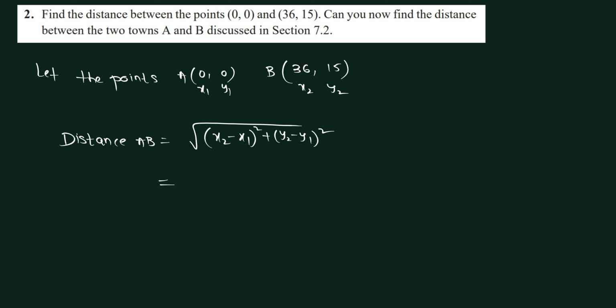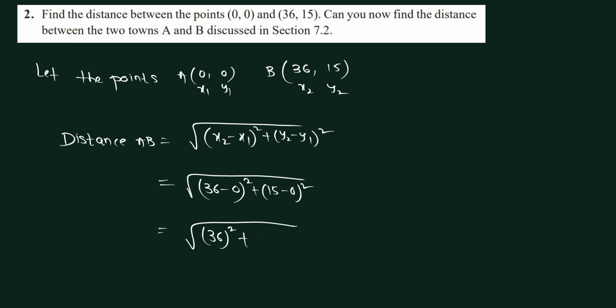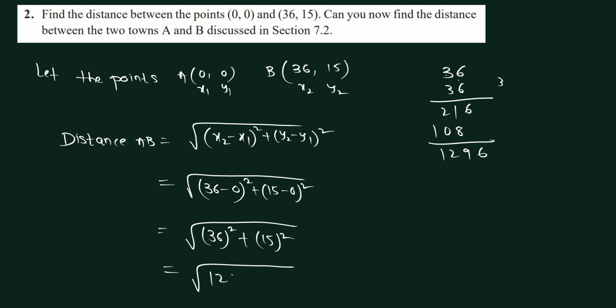Yes, x2 value is 36 minus 0 whole square, y2 value is 15 minus 0 whole square. Okay, so root 36 square plus 15 square. So 36 into 36 is 1296 plus 225. So that is equal to root over 1521.